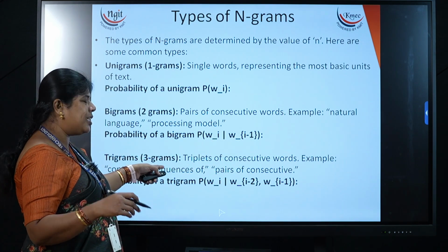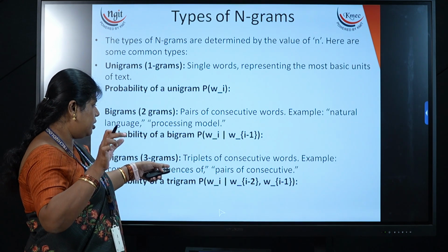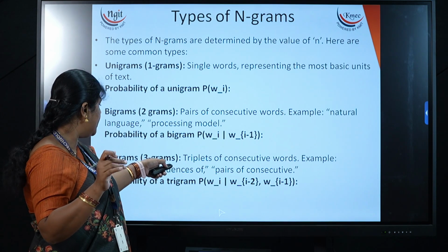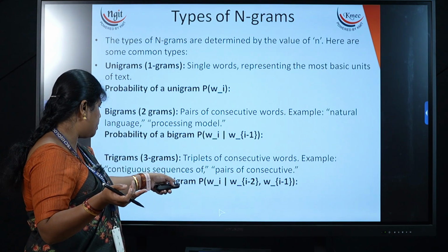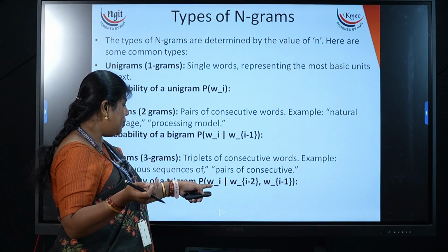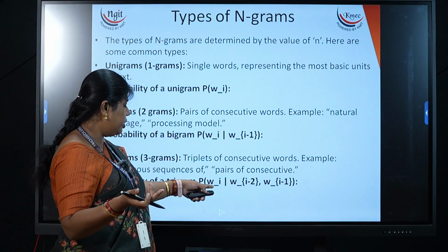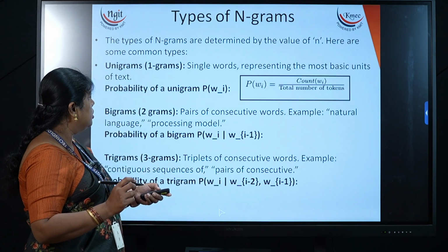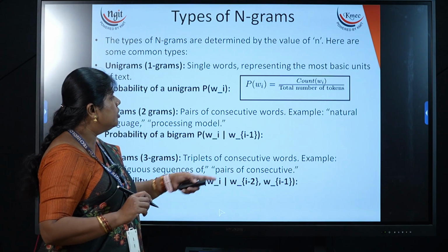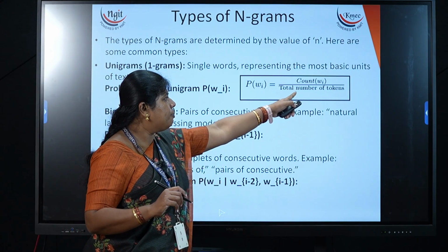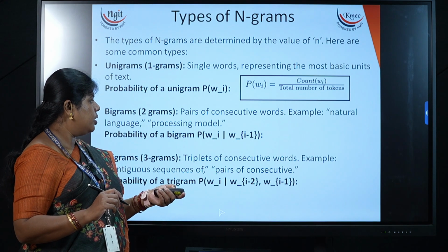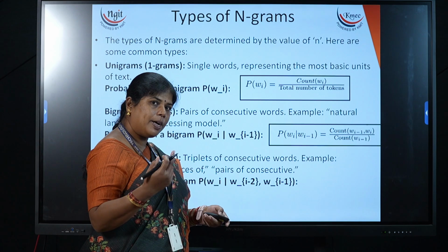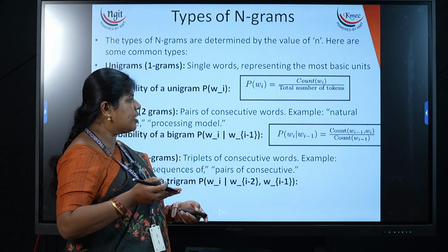Now, the trigram is a triplet; the number of words used in that token will be 3 consecutive words. Here the probability of your word depends on the previous 2. How do I compute it for the bigram? The count of Wi minus 1 followed by Wi, divided by the total count of Wi minus 1.